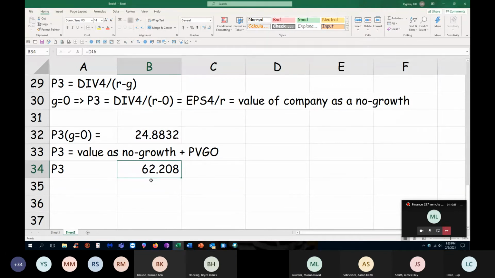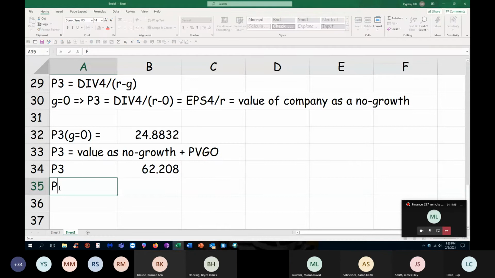Okay, so if it were a growth company, its value at the end of year 3 would be 62,208. If it were a no growth company, its value at the end of year 3 would be 2488. So what is PVGO contributing to the value of this company?